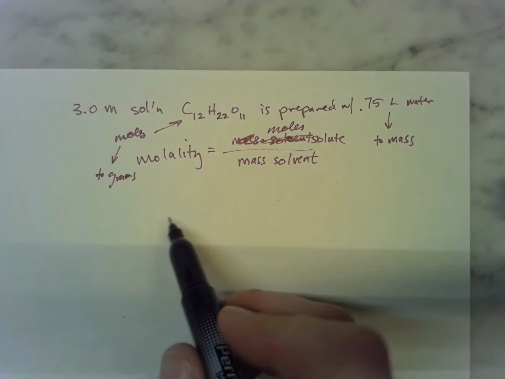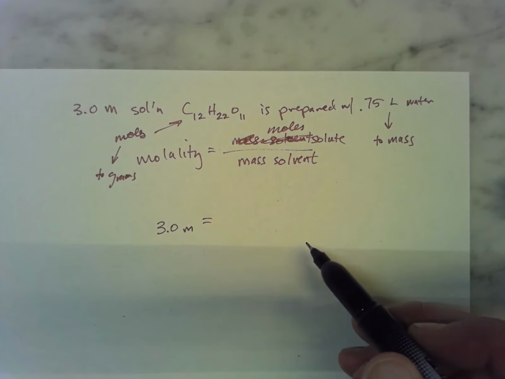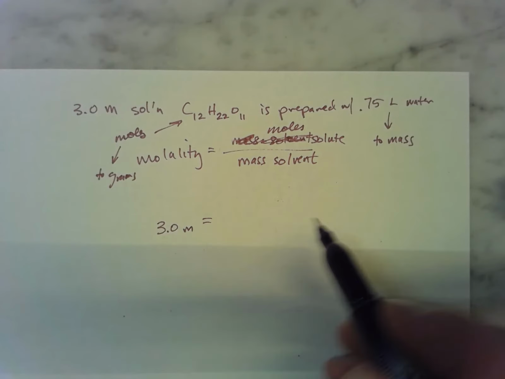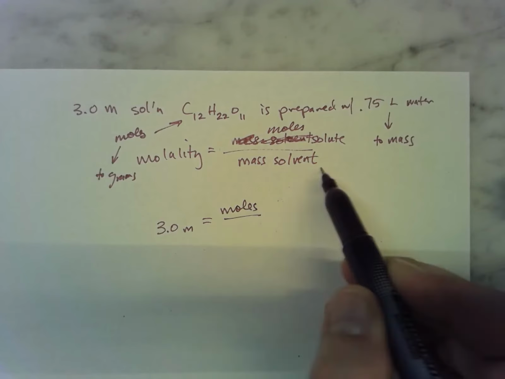So we'll say 0.3 little m. We know that's some number of moles. Mass of solvent, how do we do that?